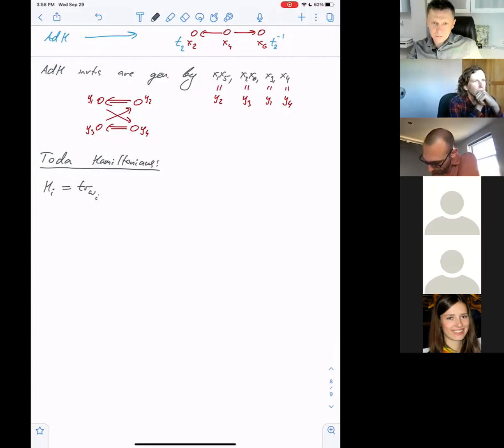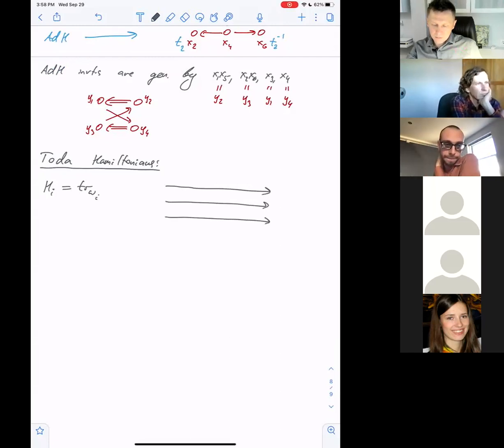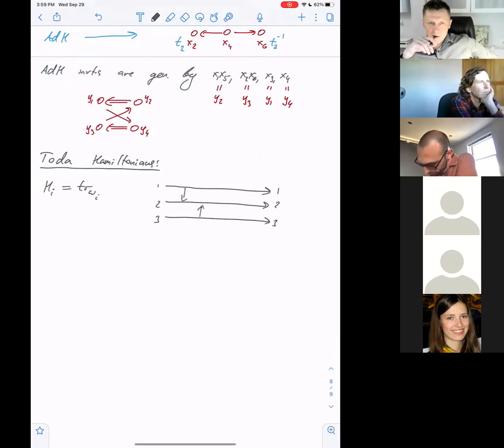So there will be a difference between PGLN and SLN case. So I'll do both. Now let's just see how we can calculate traces. So we'll be calculating them in this original cluster.